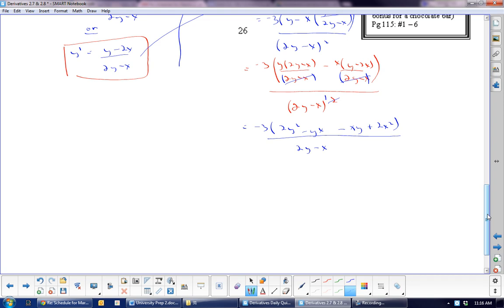Okay, now this is negative 3. This would be 2y squared minus 2xy plus 2x squared. I just got those two together over 2y minus x.